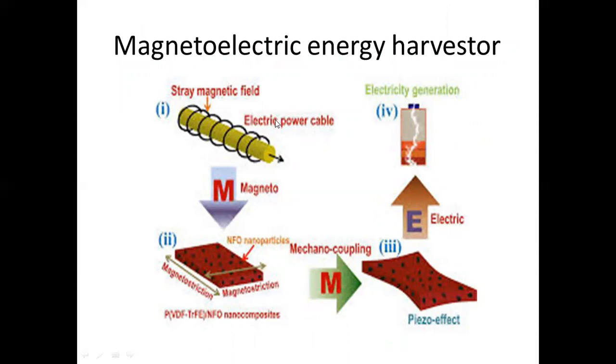The same idea is also used here, magnetic energy harvesting. This is a simple case. Even a power carrying cable, a large amount of current is flowing through this cable. According to Maxwell's law of electromagnetics, it is a very basic idea that whenever a current flows through a conductor, a magnetic field is always created around it.